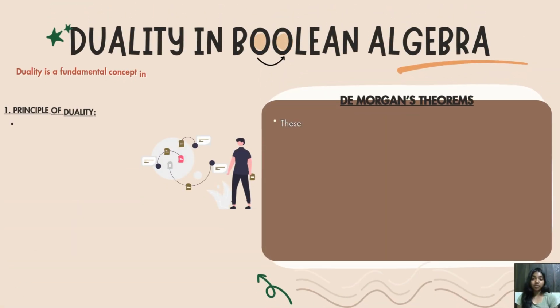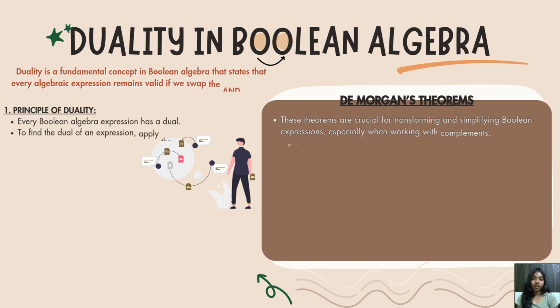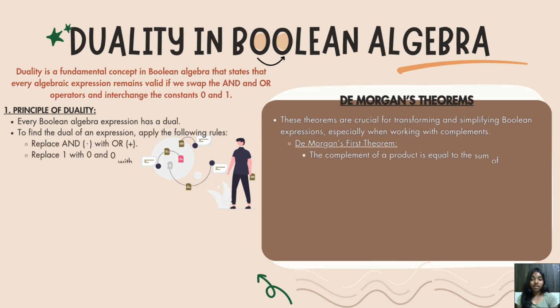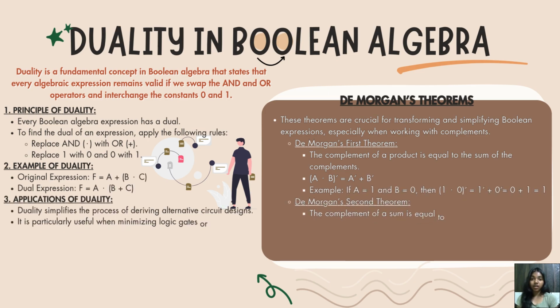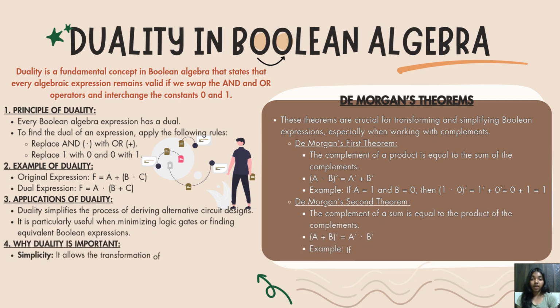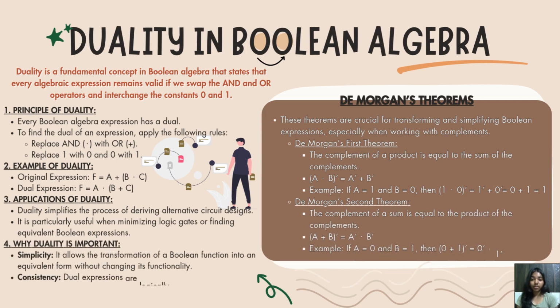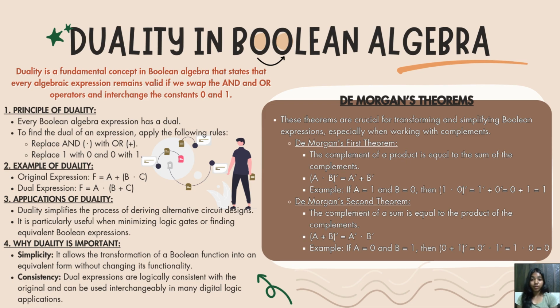Now let's see the principle of duality in Boolean algebra. Duality is a fundamental concept in Boolean algebra that states every algebraic expression remains valid if we swap the and or operators and interchange the constants 1 and 0. So we can find that every Boolean algebra expression has a dual.